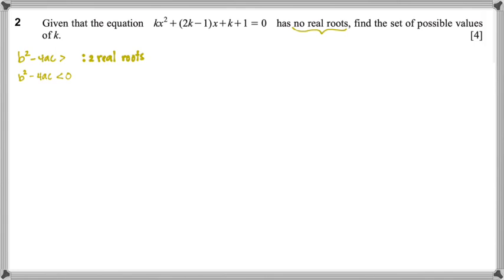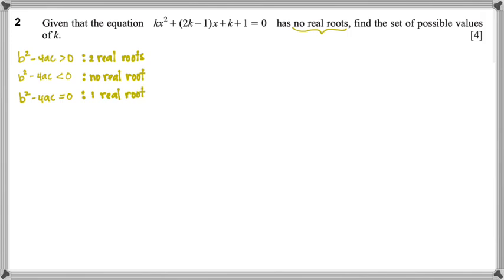Alright, is greater than 0 here. So if it's less than 0, there's no real root, which is actually the question here. And if the discriminant value is equal to 0, b squared minus 4ac is equal to 0, then we have 1 real root.